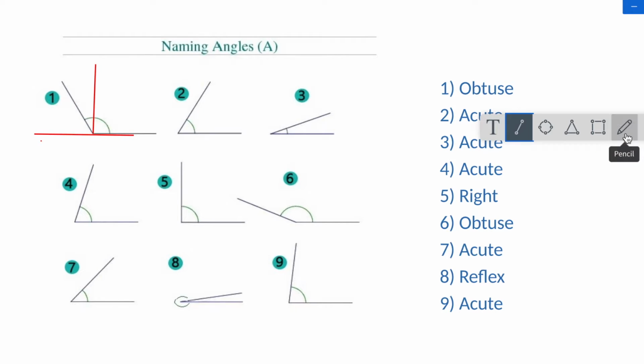You can clearly see that this angle is bigger than 90 degrees because it goes from here to here. So this angle is bigger than 90 degrees and smaller than 180, so that's why it's called obtuse.